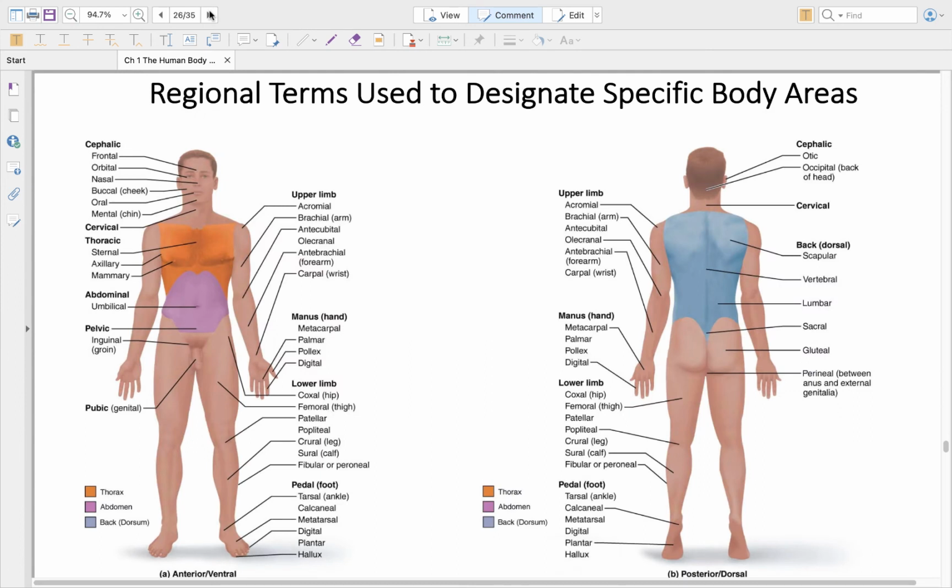There is quite a bit of terminology that we need to know in anatomy and physiology, and this will help you along the way in knowing bones, muscles, muscle location, artery location, things like that, because these terms are used repeatedly. Let's go ahead and take a look.